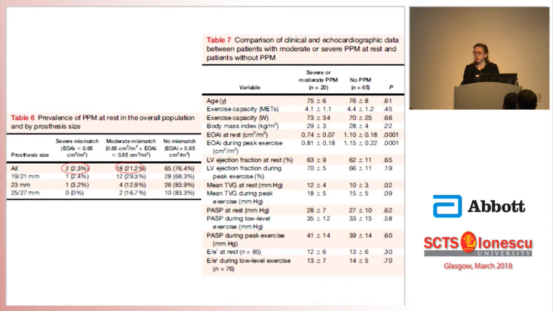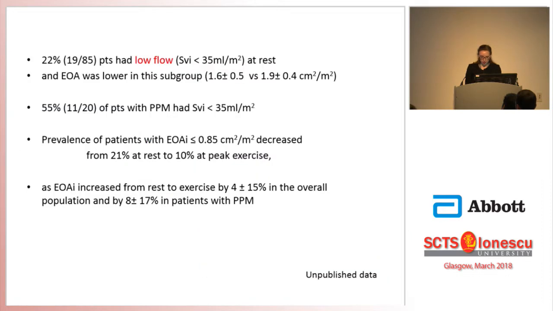Now, regarding PPM. PPM was present in 23% of patients in our population. Mostly it was moderate mismatch. No patients with the 19 millimeter valve got severe mismatch. Also important is that patients with severe or moderate mismatch had a lower effective orifice area both at rest and exercise.